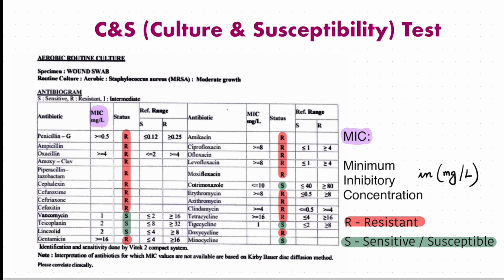But when the same sample was treated with vancomycin or linezolid, it was found that the bacteria was sensitive towards these antibiotics, and therefore clinically it has been established that only these antibiotics will be necessary in order to control the infection that has spread into the wound. And that is how we can understand the infection that has occurred.